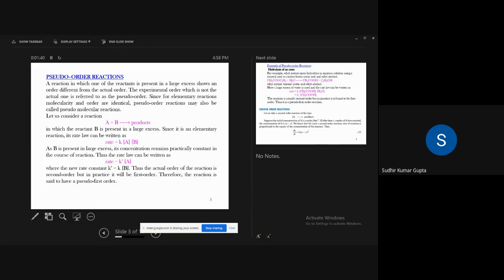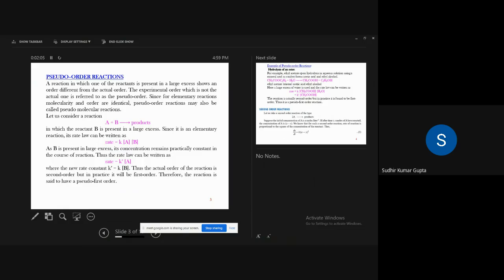So we think that the rate of reaction depends upon the concentration of the other species only, but this is not the case. It depends upon the concentration of the reactant which is in large concentration as well. So the reaction seems to be first order, but it is actually of second order.